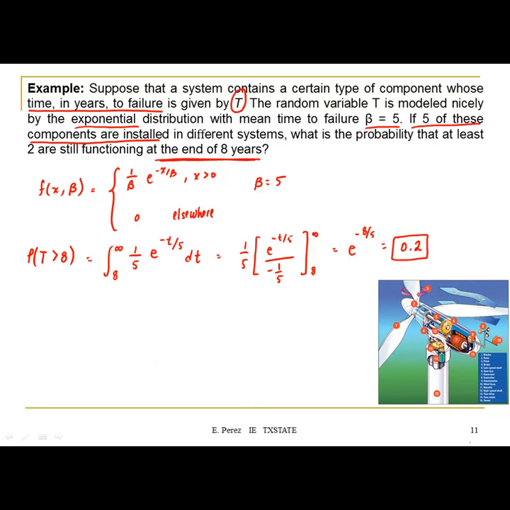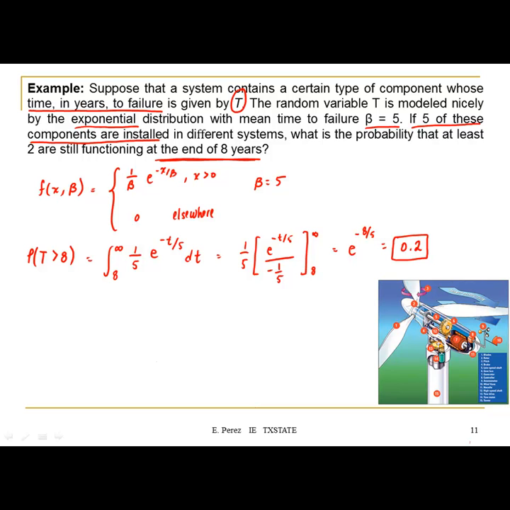Okay? Are we done? Well, we are done with the first part of the question. What is the probability that at least, well, the second portion of the question is the probability of lasting more than 8 years, but we are interested in at least 2 of them lasting more than 8 years.